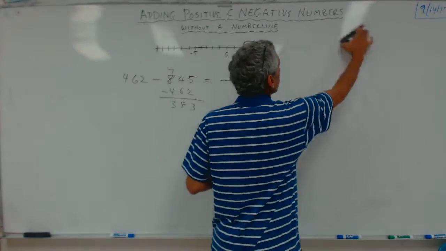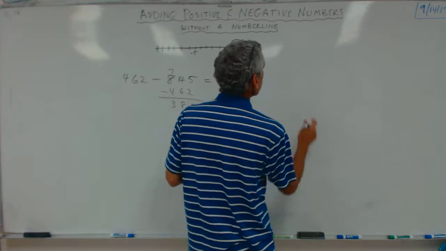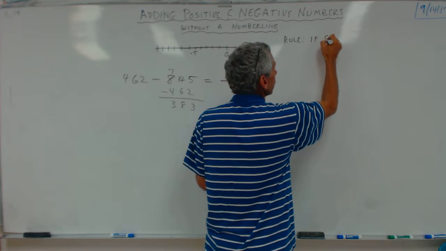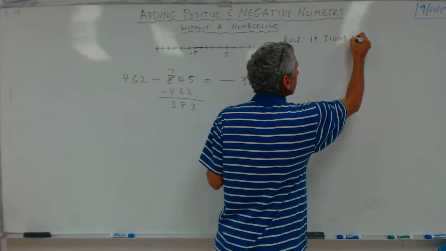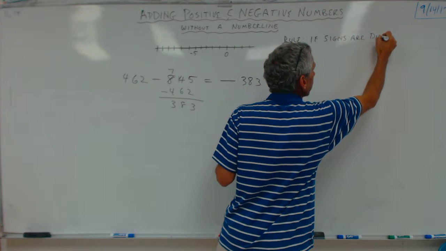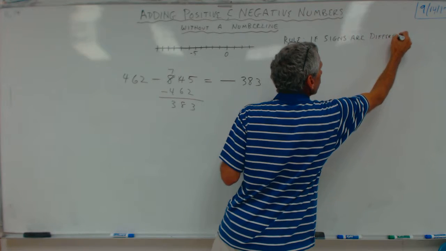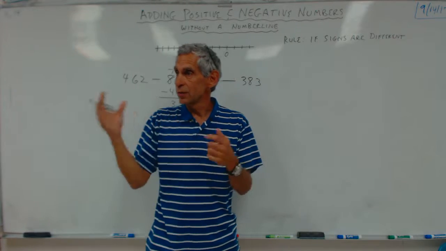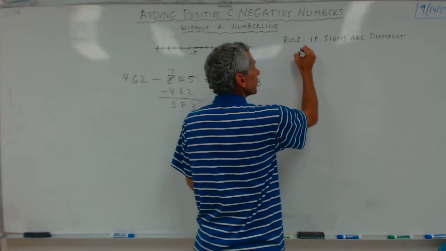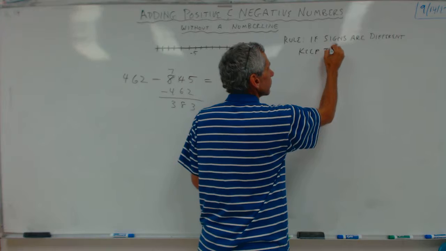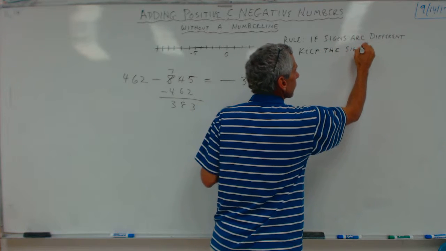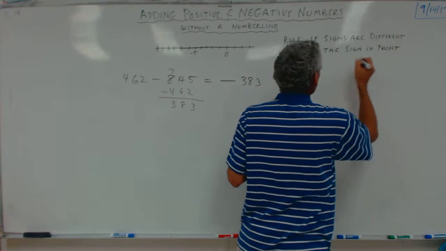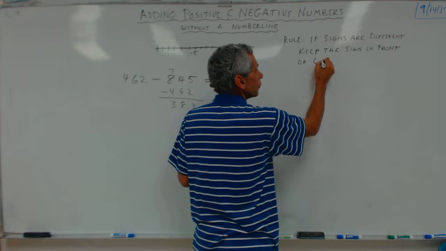I'm just realizing I probably should start a little further. Rules. Okay, if signs are different. Because that's what we've been talking about. If the signs are different, okay, meaning they're opposite, one's positive, one's negative, keep the sign in front of the larger number.